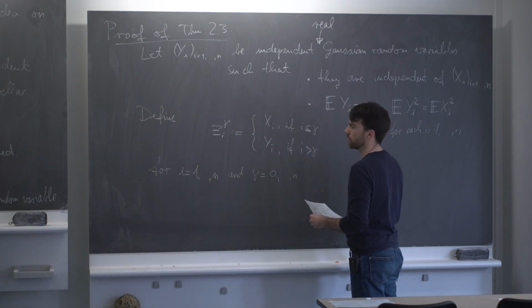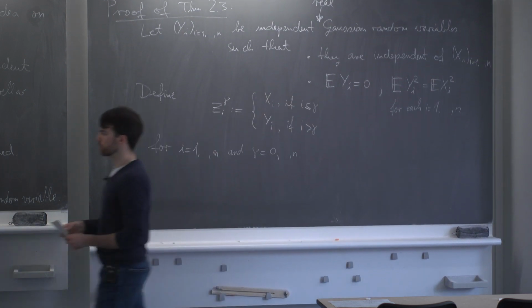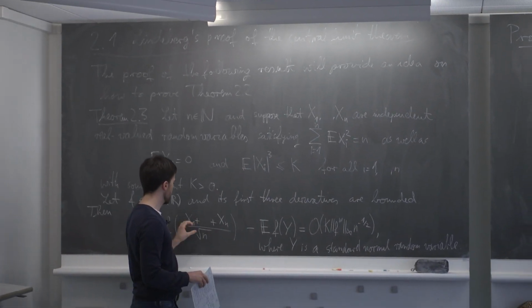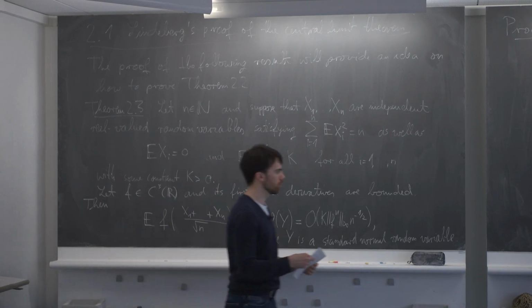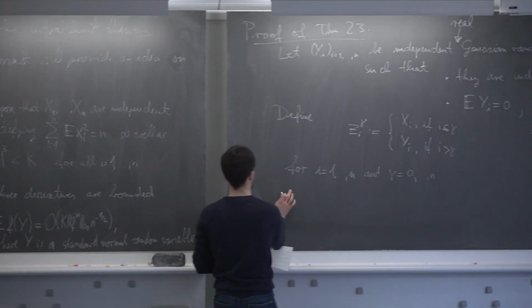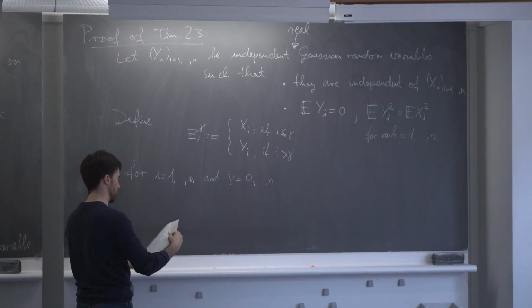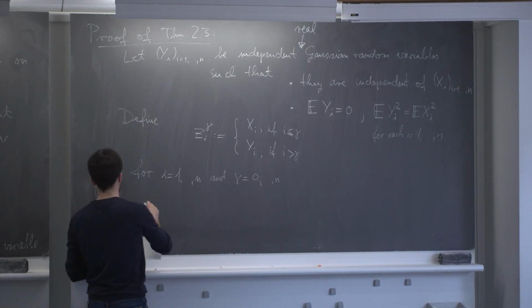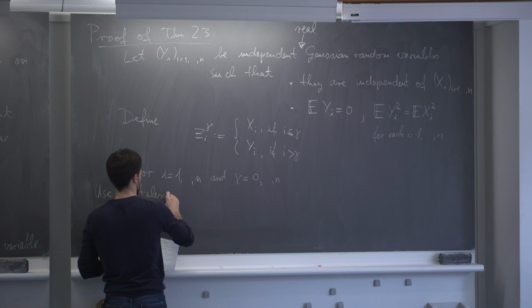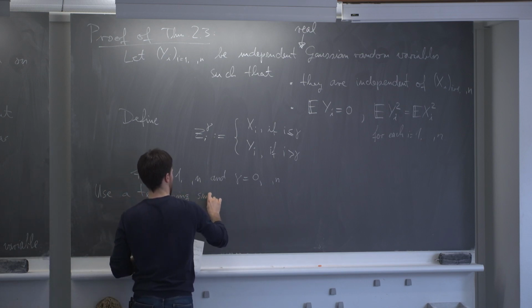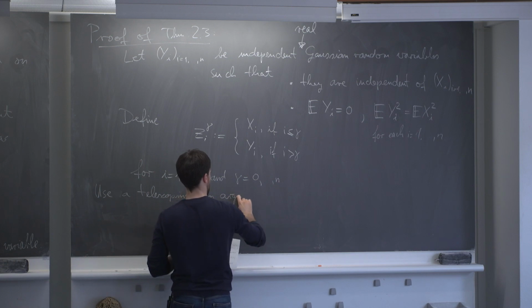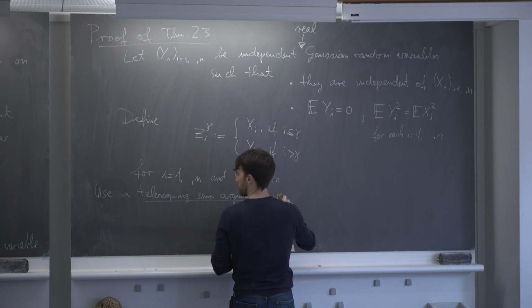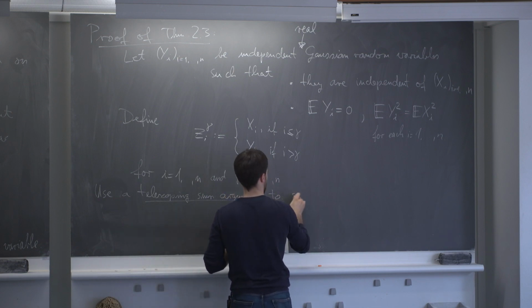And now I want to rewrite this sum here in such a way that I use the z's, and I replace one by one. I will write it as a sum of these z's, and this will be a telescoping sum argument, to see the following.